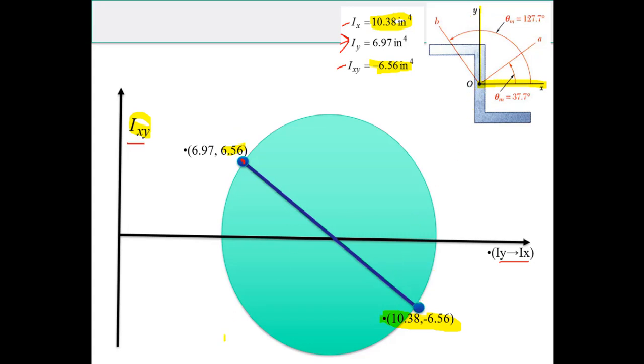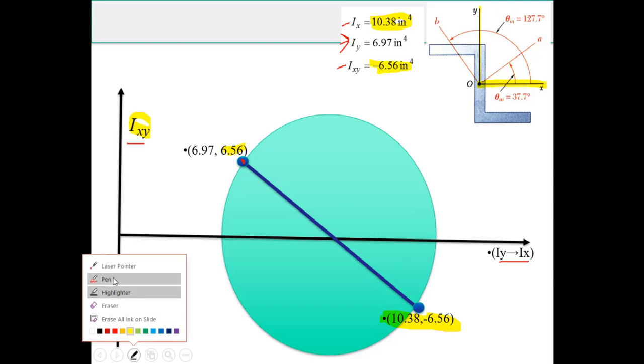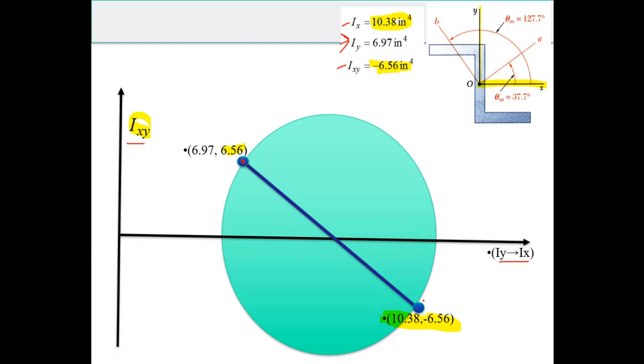We then want to rotate this around, and what we're after is the maximum and the minimum. So we want to try and find this new red point, which means we're going to try and find this angle.